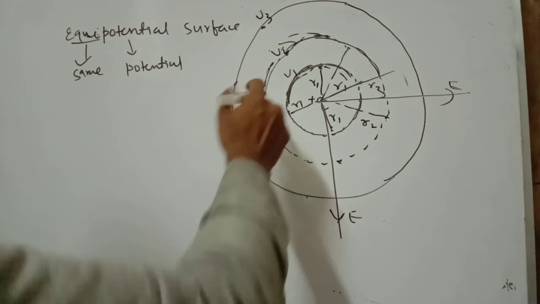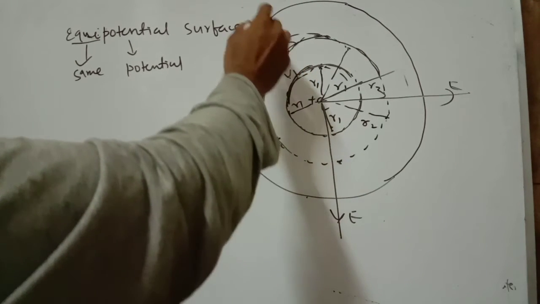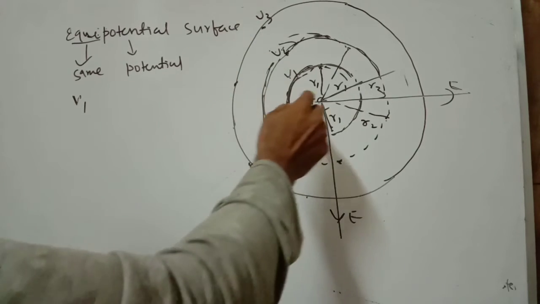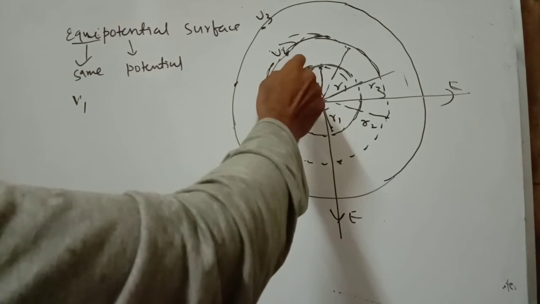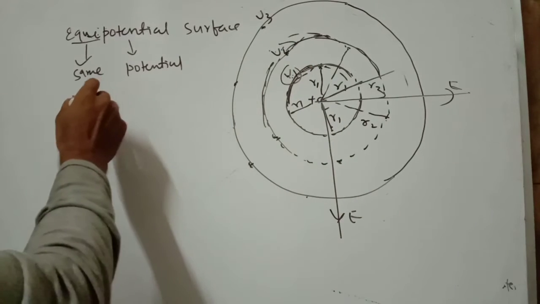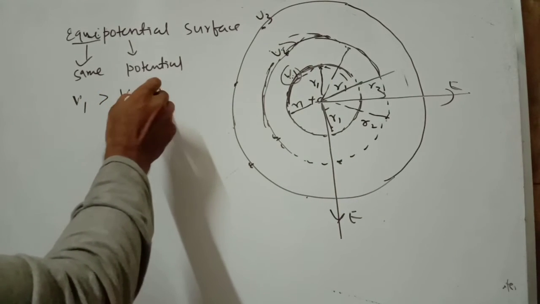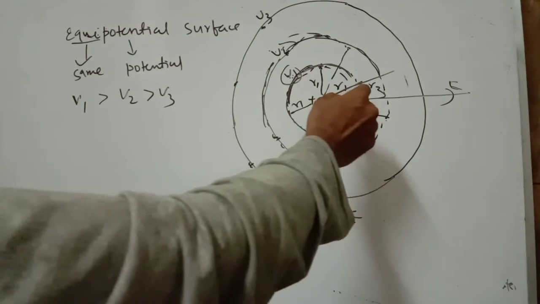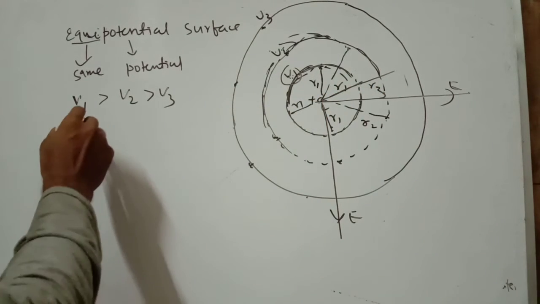Now for these equipotential surfaces V1, V2, V3, which potential is higher? The point nearer to the charge has very high potential, so V1 is greater than V2 greater than V3. How can we find the electric field between two equipotential surfaces?